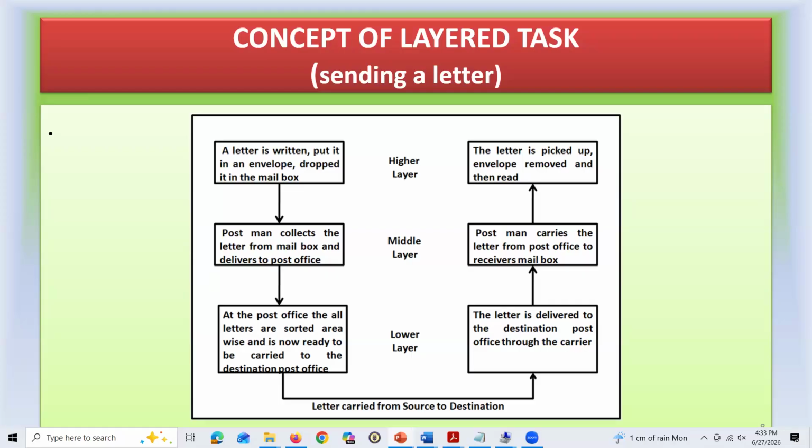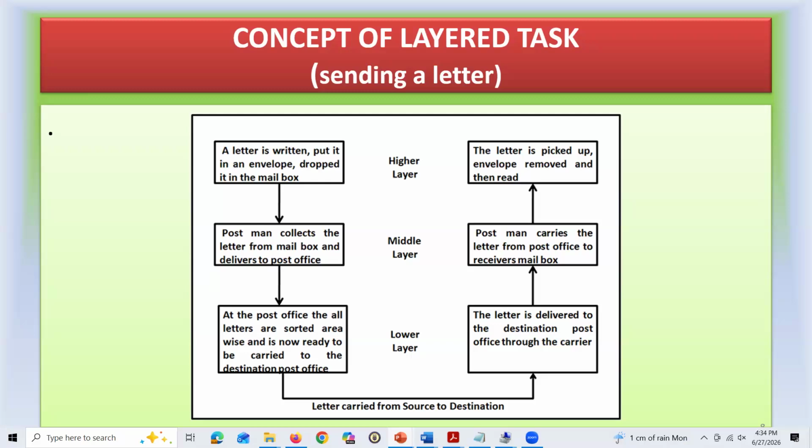Then after it has been agreed upon, the path by which it will take to get to the destination. And then when it gets to the destination, it will be received from the physical component. Finally, it will go through the reverse of the transmission, and then the receiver will receive the information. So that is the layered concept that's involved in data transmission.